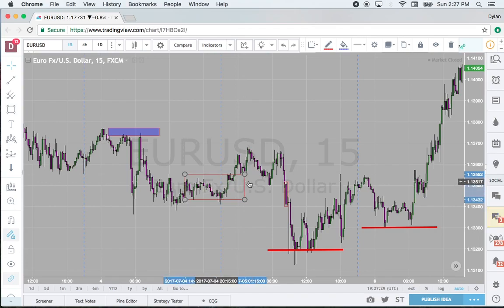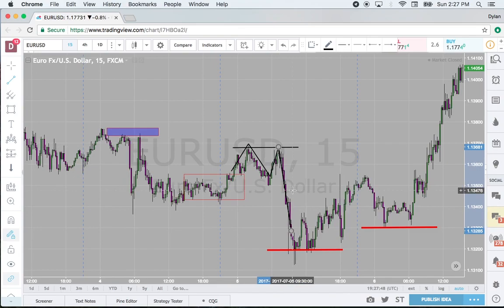We have the Asian session range, then the breakout London session, the M formation. The high was created right here, and then the second leg London session to the high.